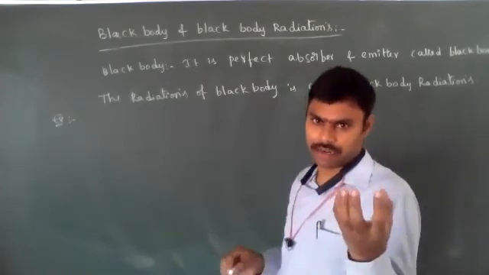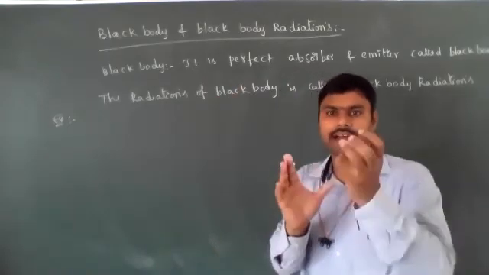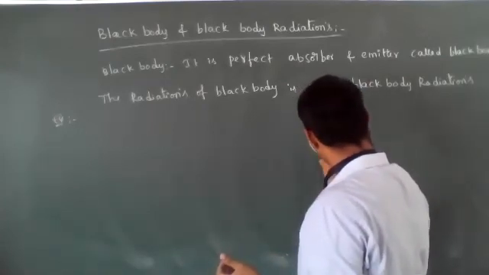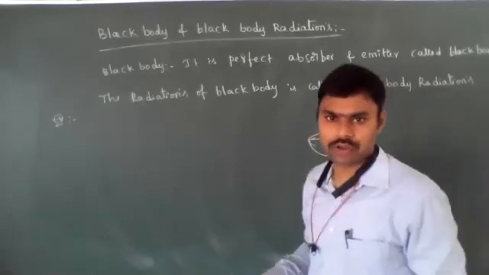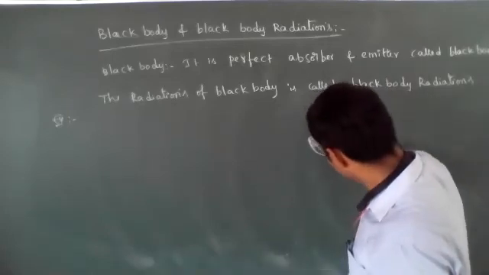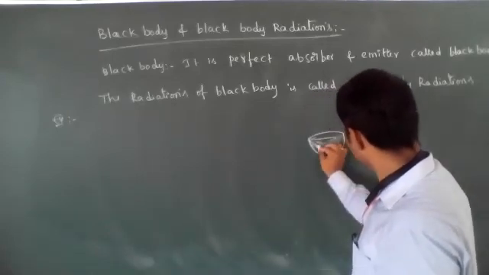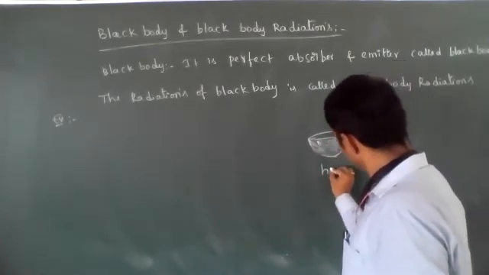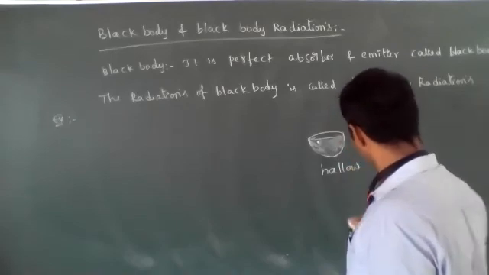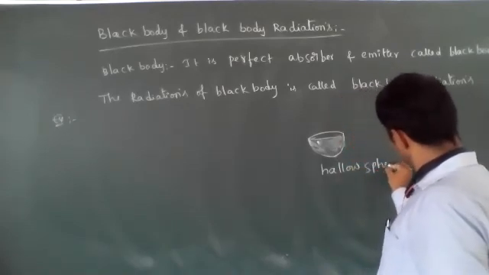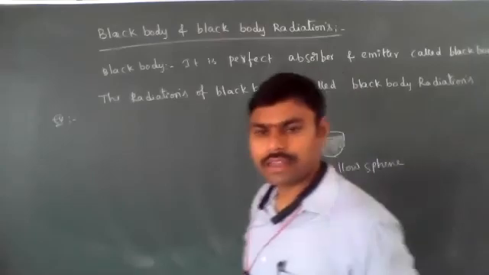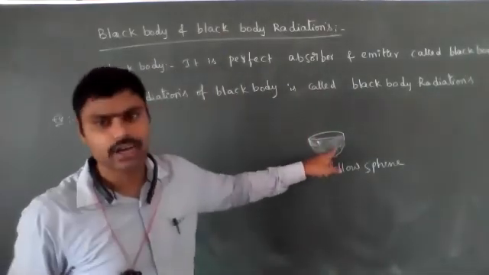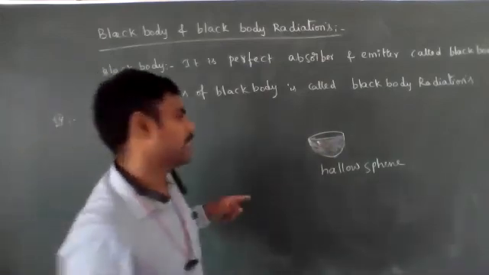We know the cricket ball. If you cut that cricket ball in half, then it acts as a hollow sphere. So you have to take a hollow sphere, inside coated with platinum black.